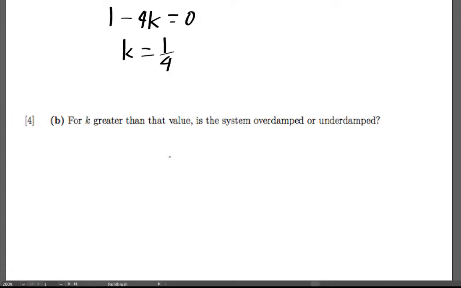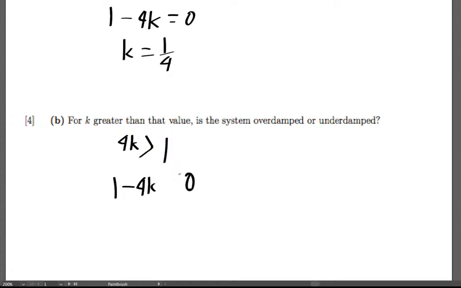Let's say for k greater than that value, k would be greater than a quarter. For k greater than that, 1 minus 4k would be what to 0? We put that guy there.